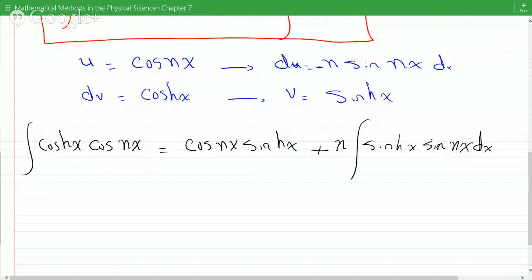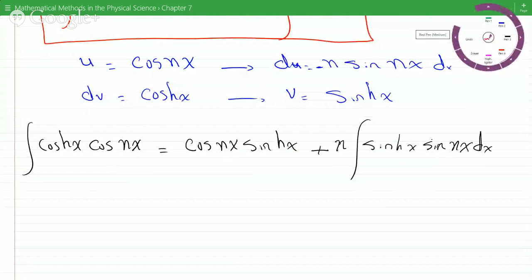So now we get ourselves into another integration by parts.